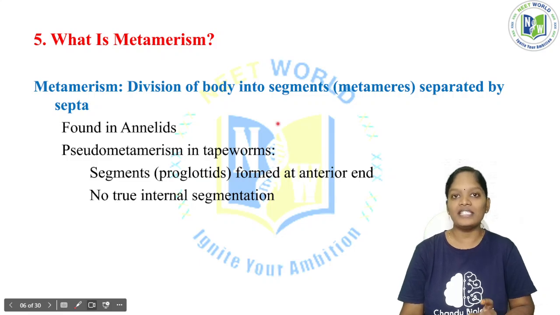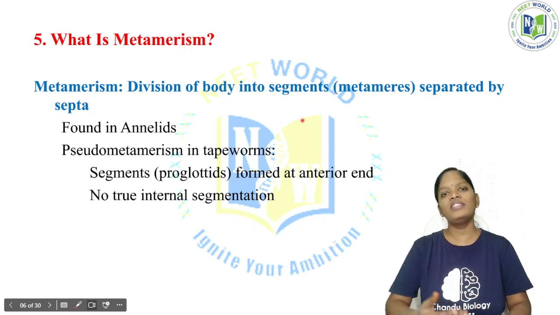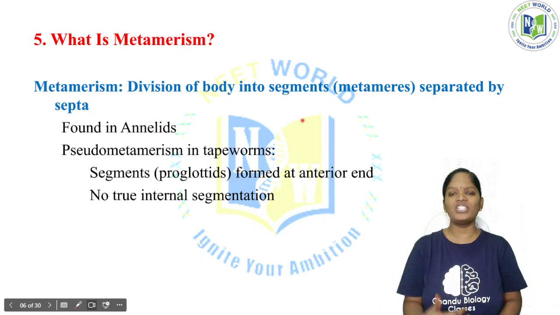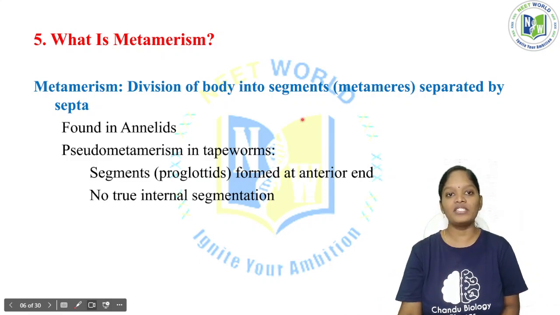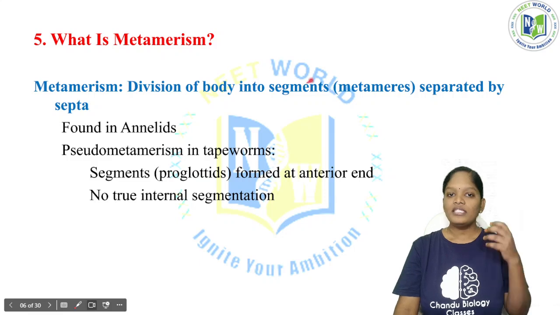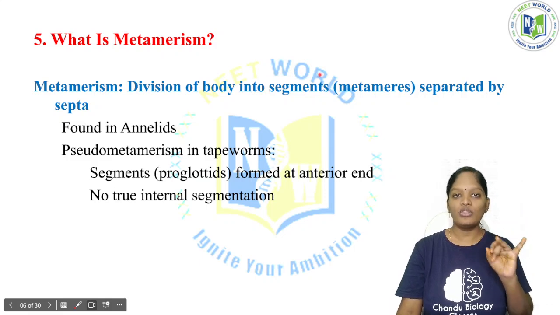Nereis and leech also have segments both internally as well as externally. What is the difference between external segmentation and internal segmentation? Here is a very important difference. Metameric segmentation can be seen in annelids, arthropods and chordates.